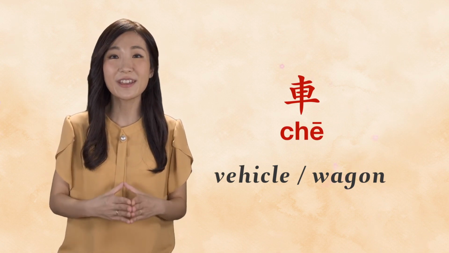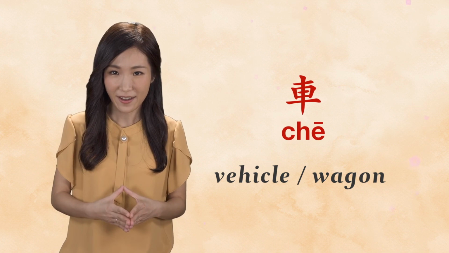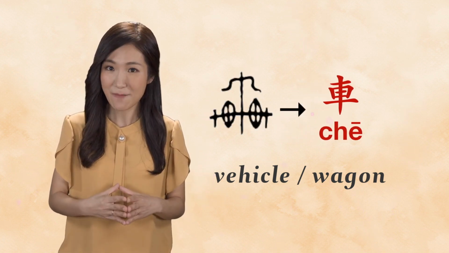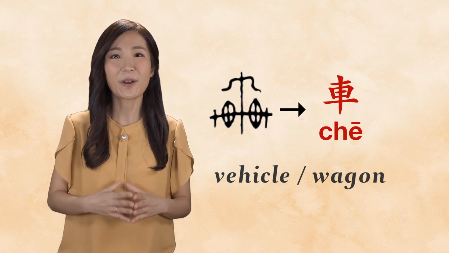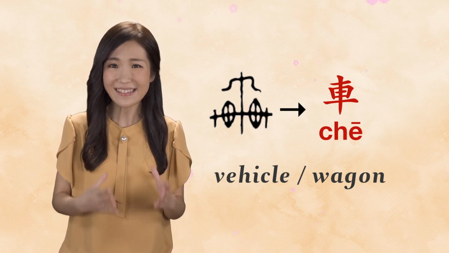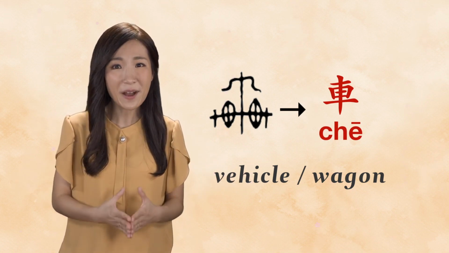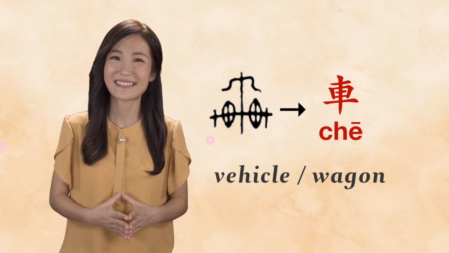This means vehicle or wagon. Can you make out the axles and a cabin? You're going to want to remember these characters and their meanings. Why? We'll tell you in just a bit. Alright.